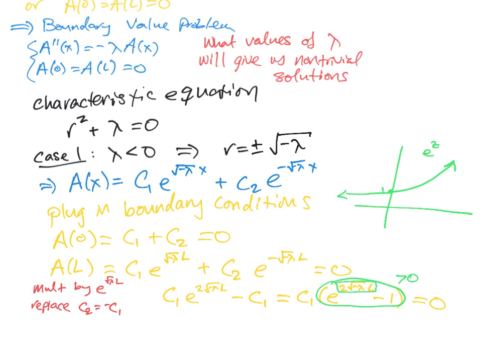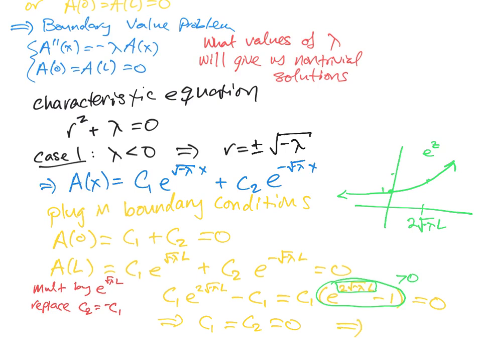And so 2 times the square root of negative lambda L is somewhere on the right-hand side here. And so we'll have to be above 1. And then when we subtract 1, we're above 0. So anyway, what that tells us is that C1 and then, of course, C2 have to equal 0.